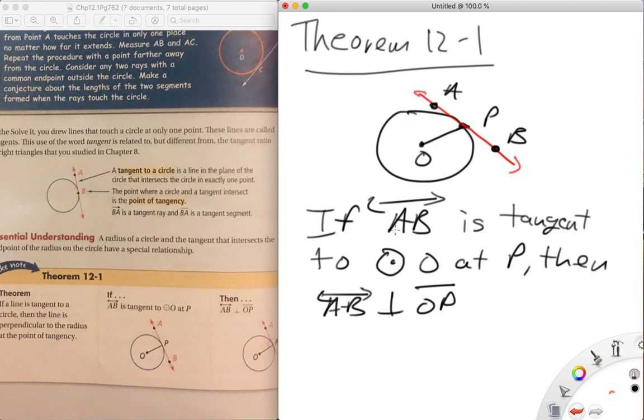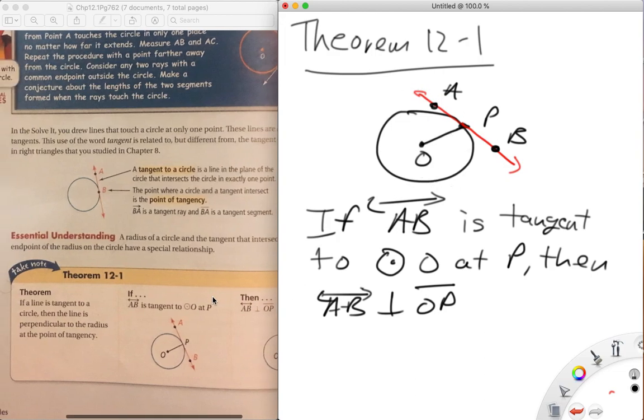Right. If line AB is tangent to circle O at point P, so here's line AB and it touches exactly at point P, and I know that it's tangent, then the radius from the middle out, OP, is going to be perpendicular to that same tangent line AB. Right. If a line is tangent to a circle, then that line is perpendicular to the radius at the point of tangency.